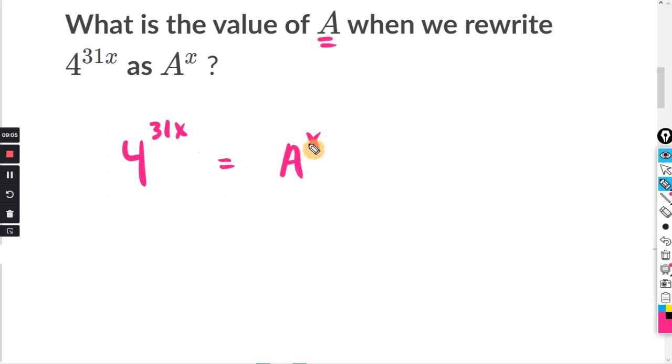So, in order to get rid of x, I am going to raise this to the power of 1 over x. Okay? And the reason is because when you do this, you just multiply the exponents, and x over x will just be 1. So I want to do the same to both sides, raise this to the power of 1 over x as well.